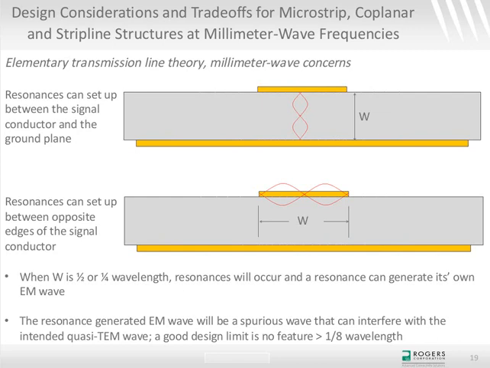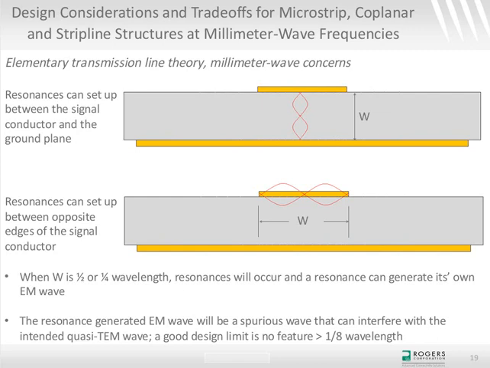That's one issue. Another issue, which is actually more common, is the conductor width. You can have a standing wave set up across the width of the conductor, from edge to edge. If that happens to be a half wavelength or a quarter wavelength, you can set up these resonances, and they can generate their own wave that would interfere with the wave you do want.